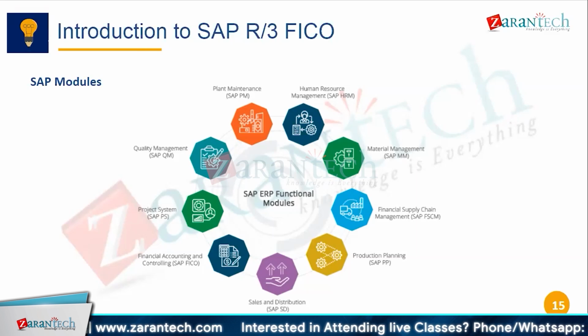You have material management, MM, financial supply chain management, production planning, PP, and sales and distribution, SD. SD, PP, MM are the departments a finance person will most likely be interacting with. There's a heavy interaction between finance and these 4 departments.